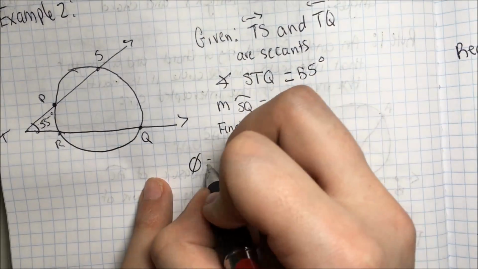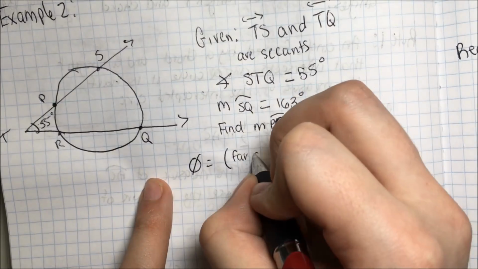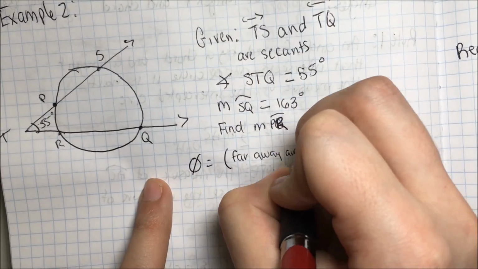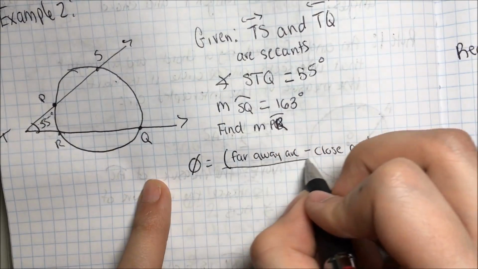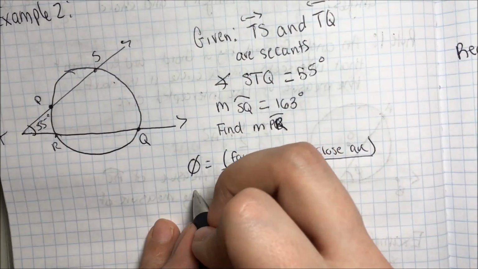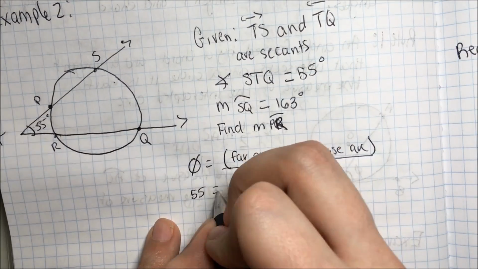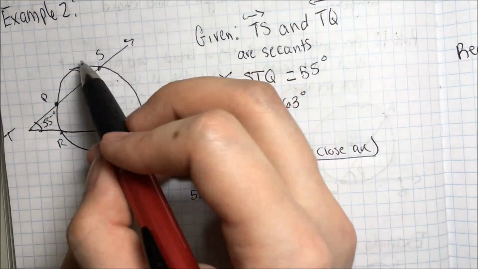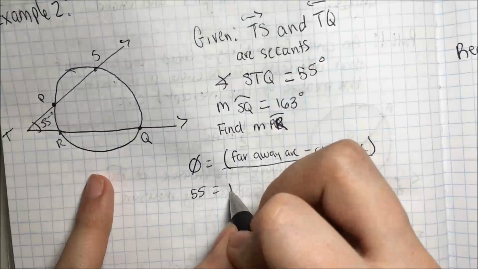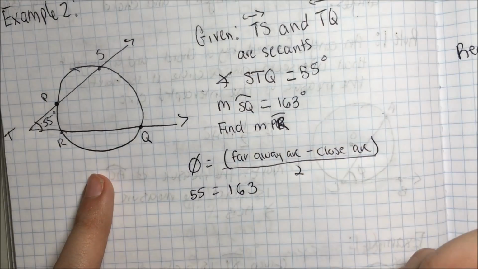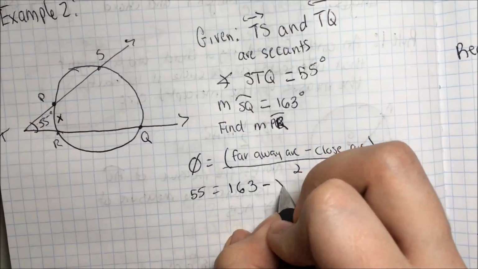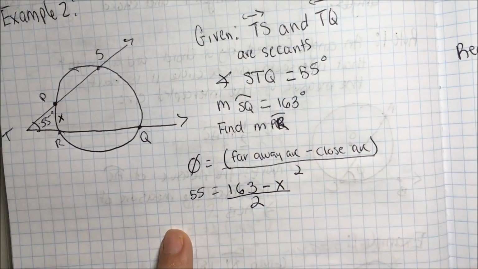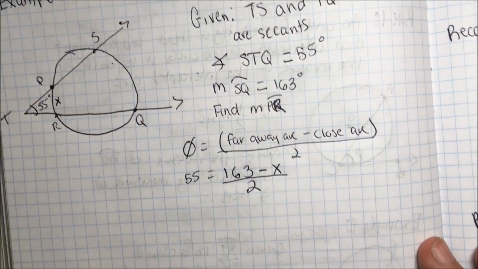So we have that the angle is equal to the far away arc minus the close arc, and then divided by 2. So our angle is 55 degrees, and we know that SQ is the far away arc, so we have 163, and we want to find out what the closer arc is, so minus x, divided by 2. So now we need to solve for x here.